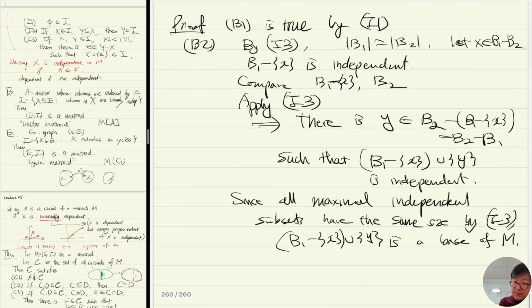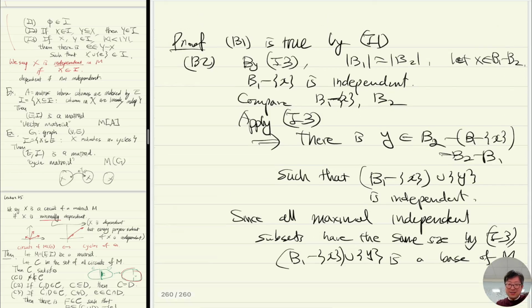That's it. Right? So that proves that maximal independent sets satisfy these two axioms.